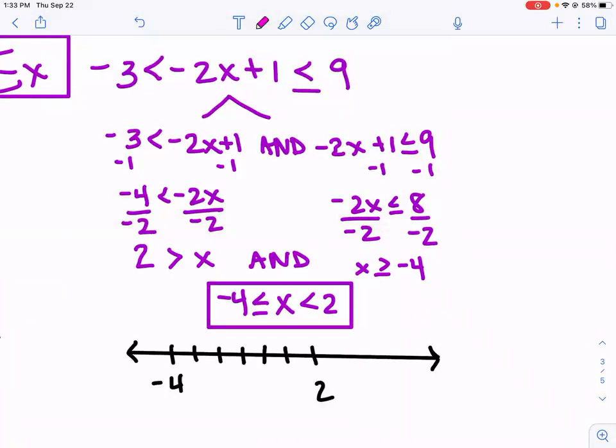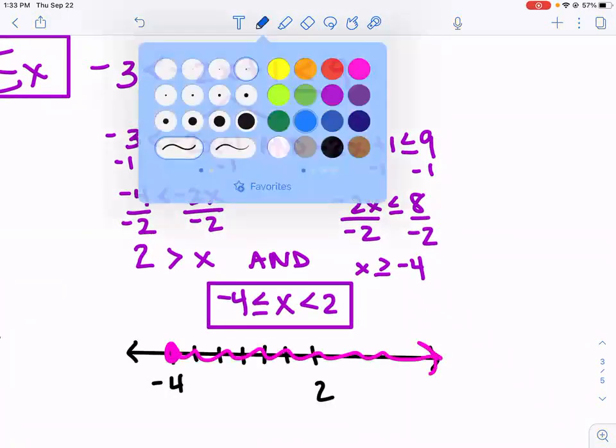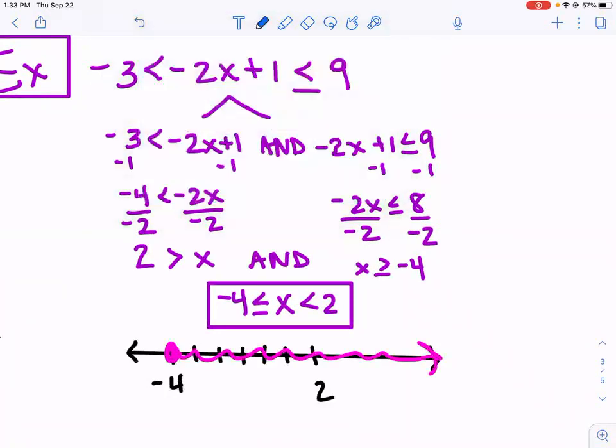So x is greater than or equal to -4 means we have this. X is less than 2 means we have this. Well, what do we care about with an and statement? Technically right now it's closed, half closed.